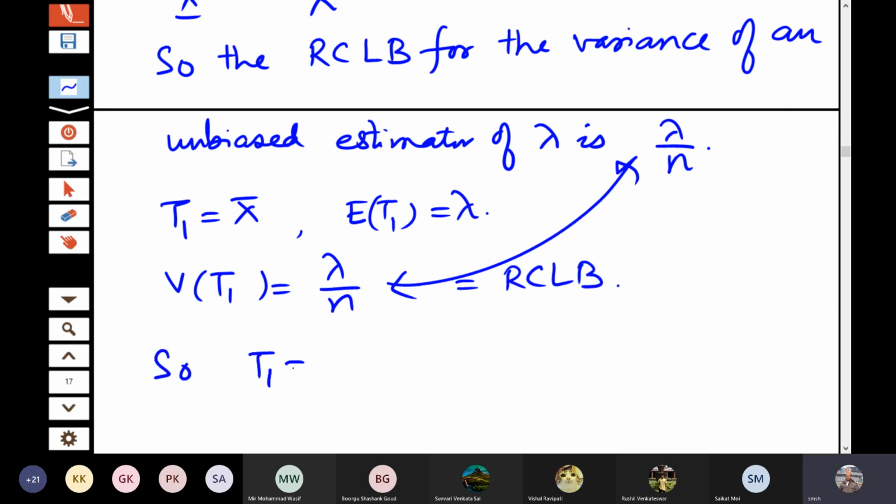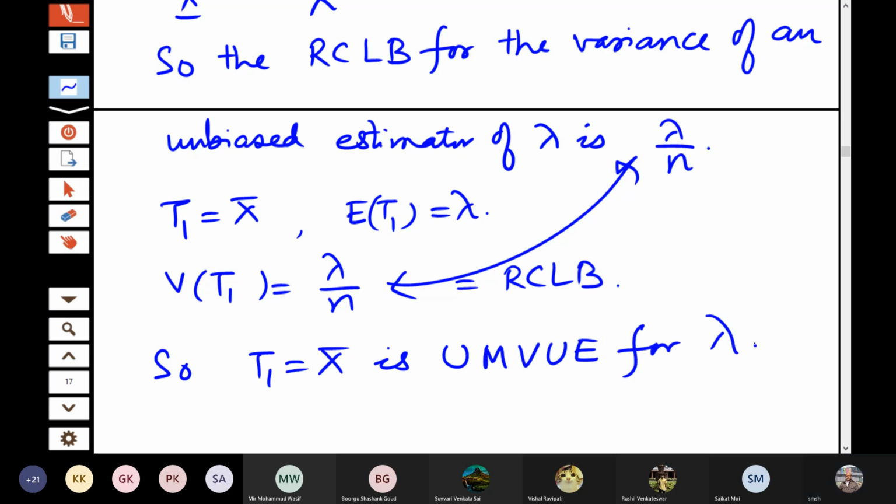So T1 equal to x bar is the minimum variance unbiased estimator for lambda. So actually this is the method by which we are able to prove that certain estimators are minimum variance unbiased estimators. Otherwise, we can just calculate several unbiased estimators and we are not able to show which one of them will actually be the UMVUE, because then you have to compare all of them. But comparing all of them becomes impossible, because in case there is more than one unbiased estimator, then how to find out? Okay.